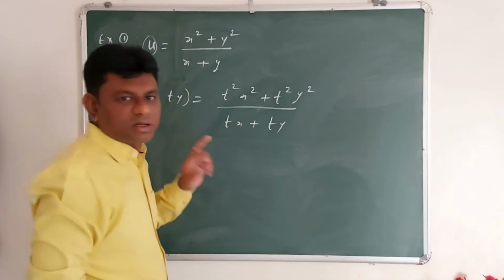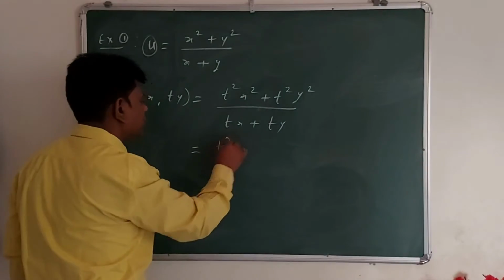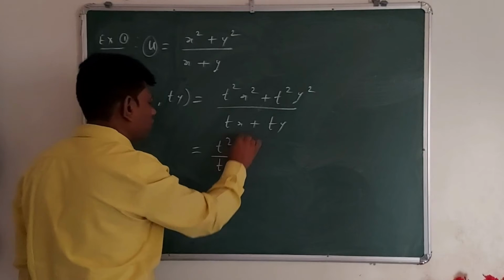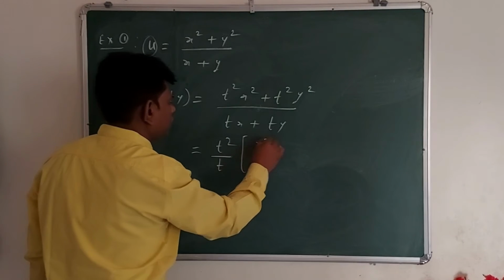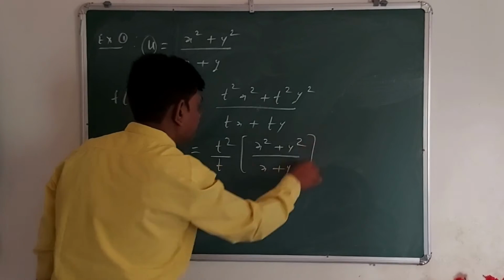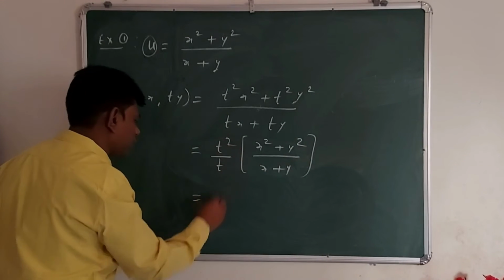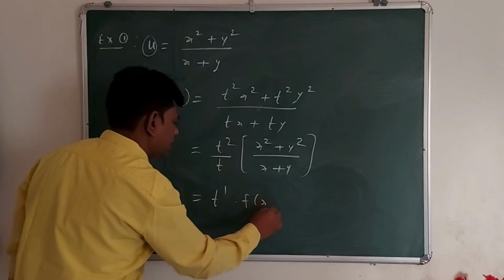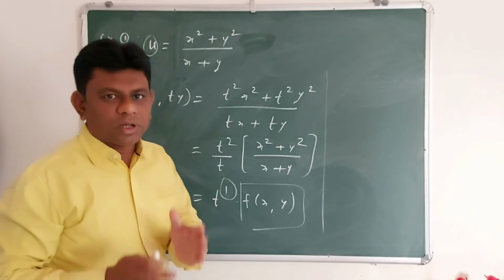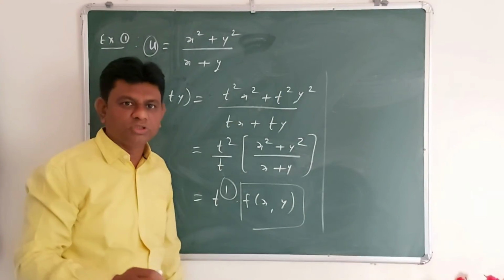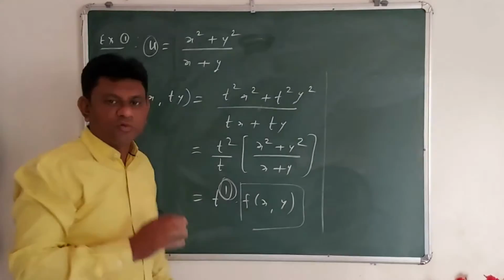Now in the numerator t square be the common term and in the denominator t be the common term. Then t square upon t times x square plus y square upon x plus y. We write this as t square upon t means t to the power 1 times f of xy. And therefore, as per the t test, this f of xy is a homogeneous function of degree 1.